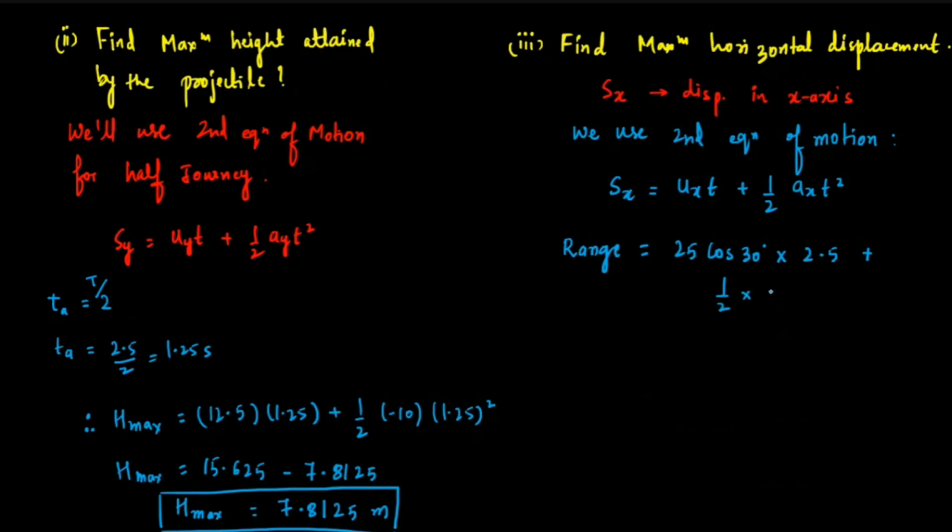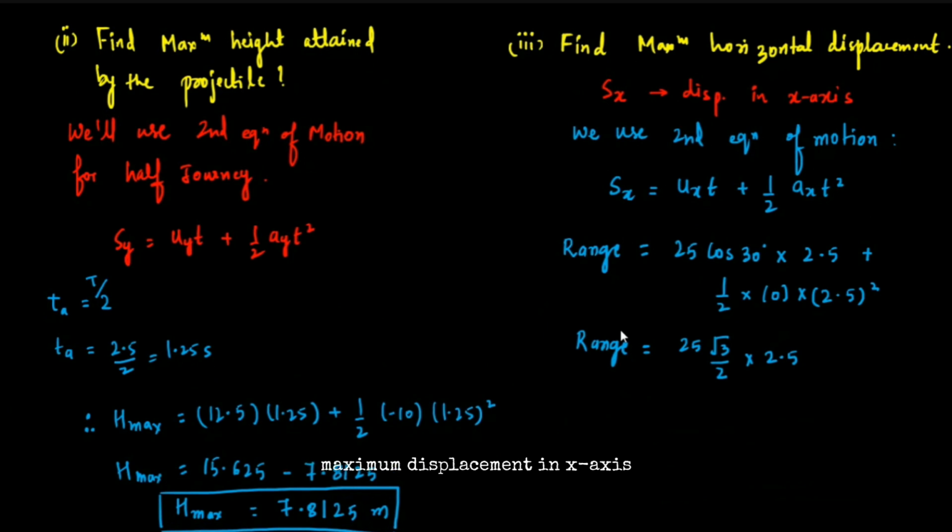We just discovered that no acceleration exists along the x-axis, so it is 0. And t is 2.5 square. In this case, the range will come out as 25 root 3 by 2 times 2.5. If we solve it, we'll get the value of maximum displacement in the x-axis.